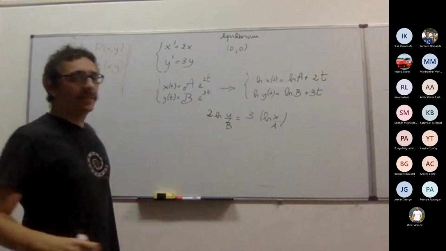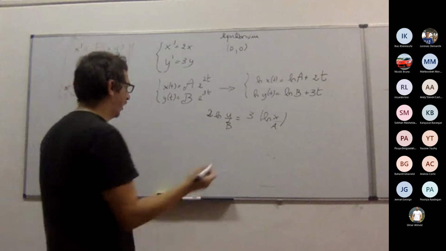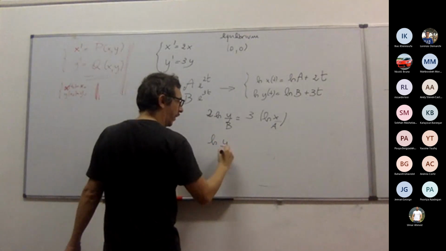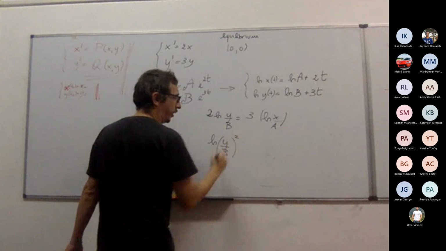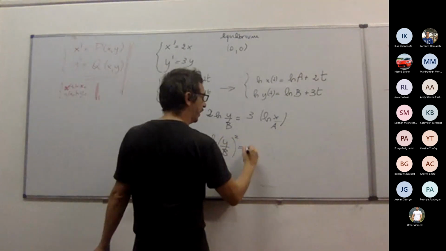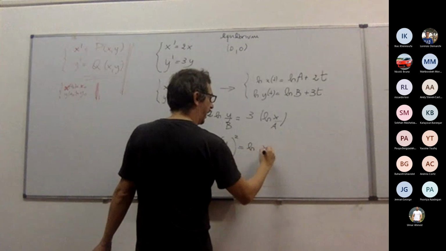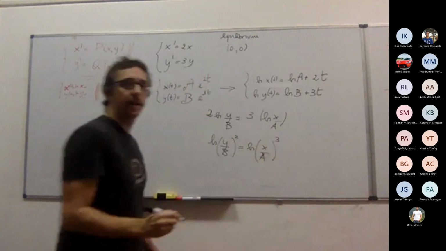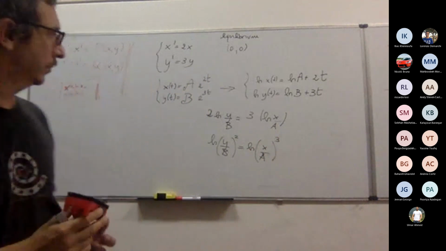This is 2 times log. How can I write this? This is log of y over b squared. And the right hand side is log x over a cubed.